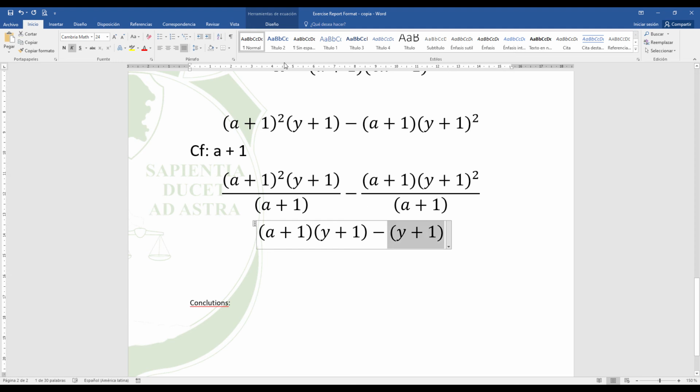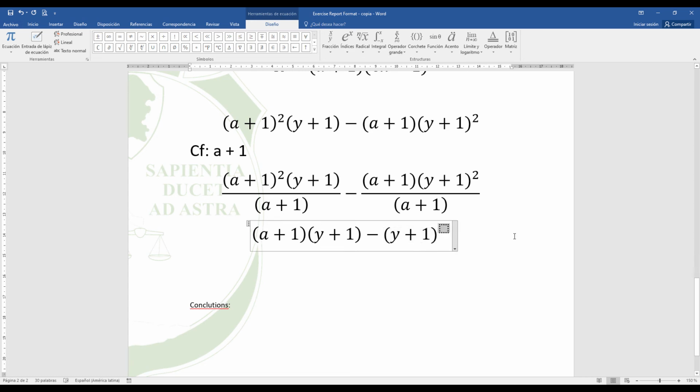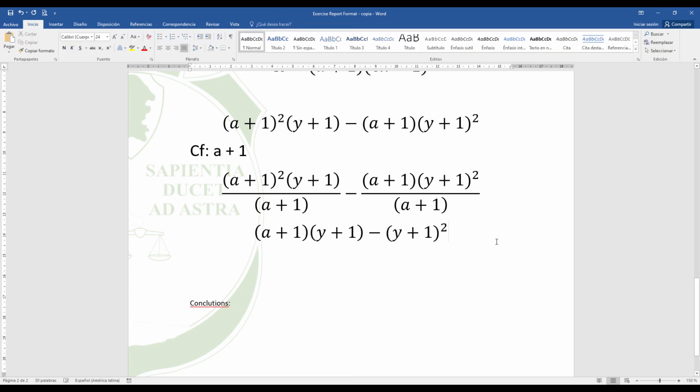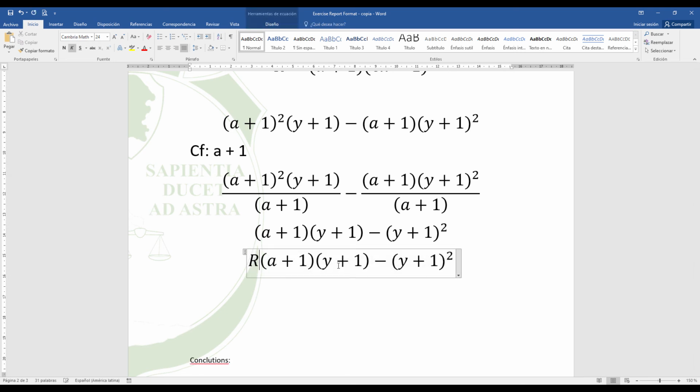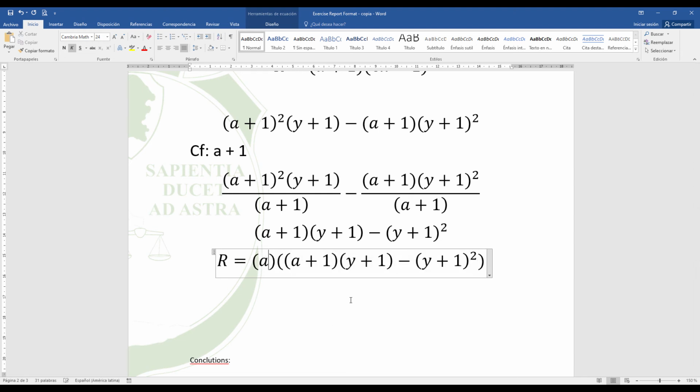Okay, this is the result of that division. If you continue with the steps, remember the result of that division you will use for the factoring, and you will multiply it by the common factor.